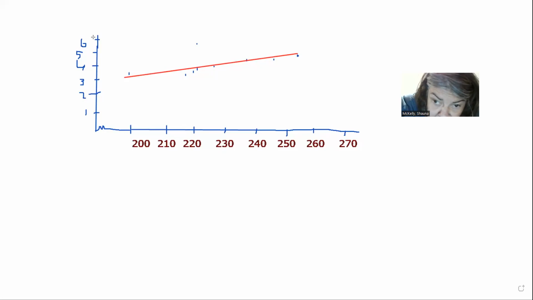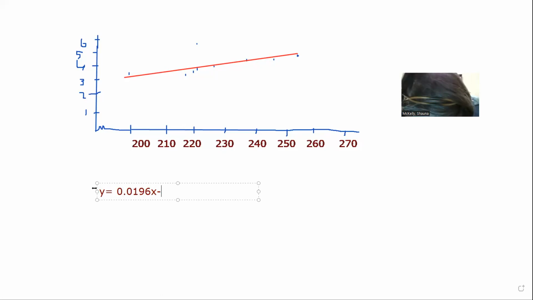Your regression equation here is y equals 0.0196x minus 0.3963.